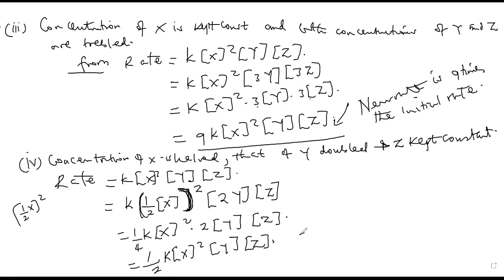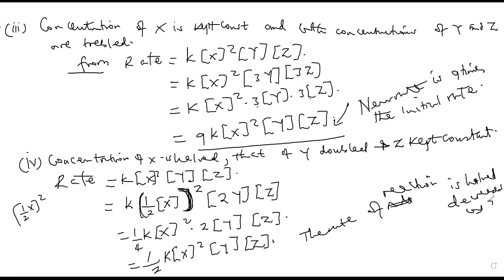So one can say the rate of reaction is halved, or decreases by 2, or the new rate is a half times the initial. All those reductions can work.